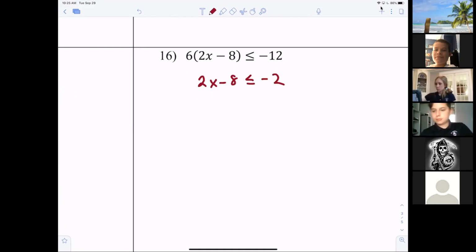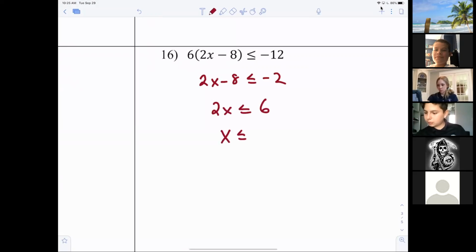Now, adding 8, I have 2x is less than or equal to 6. And then dividing by 2 makes it x is less than or equal to 3.